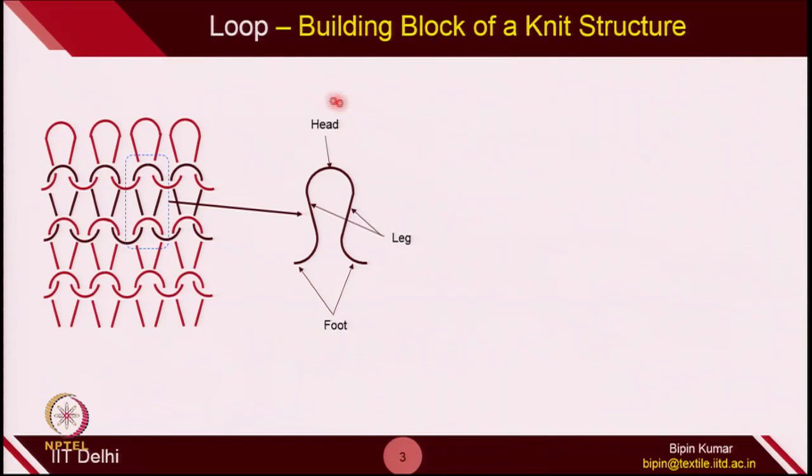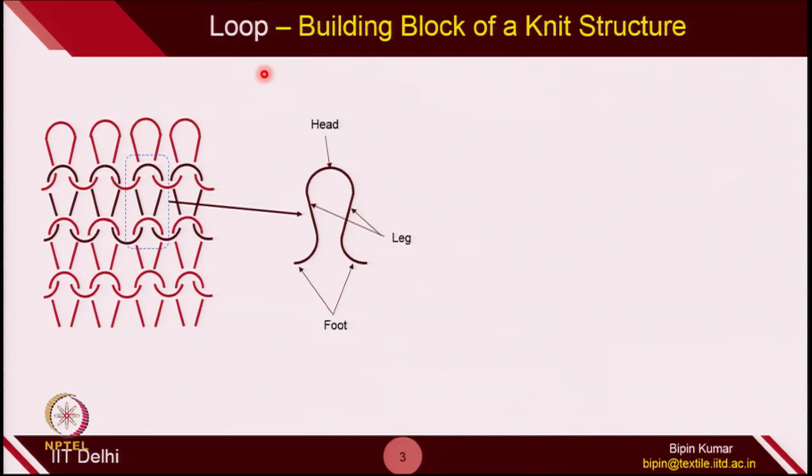The first component is the head, which is the top circular arc. Apart from the head there are two straight segments of the loop which are called legs. And finally at the bottom part you have two foot segments. So combining 2 feet, 2 legs and 1 head, we create one building block of a knitted structure which is called a loop.